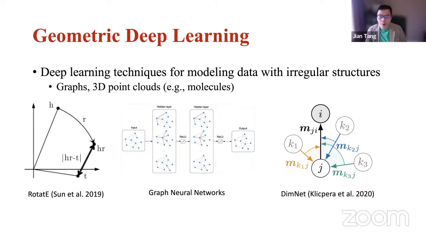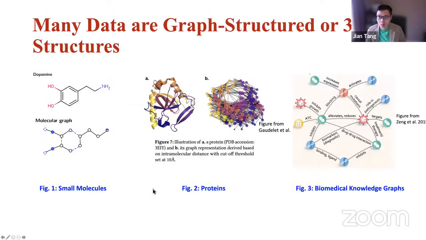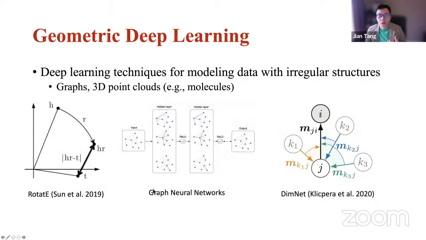A bunch of techniques have already been developed in this area. For example, knowledge graph embedding techniques, which are used to learn representations for knowledge graphs or biomedical knowledge graphs. We also have graph neural networks to model graph data, for example, molecules.